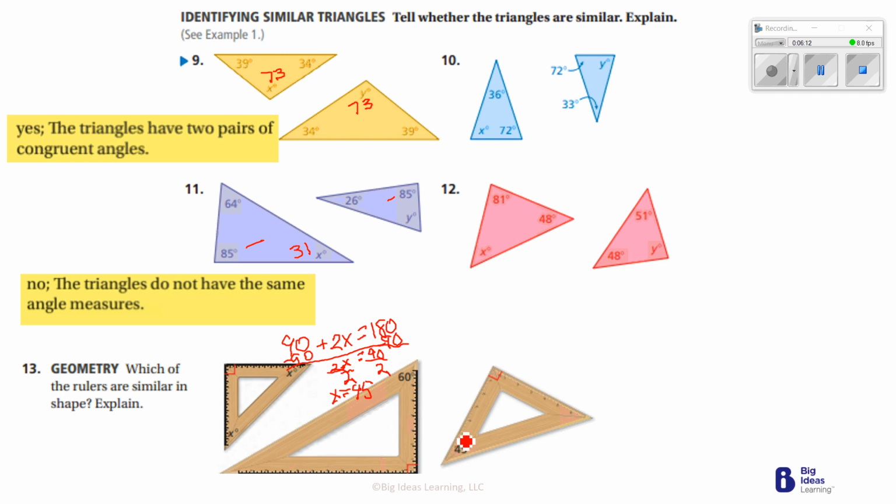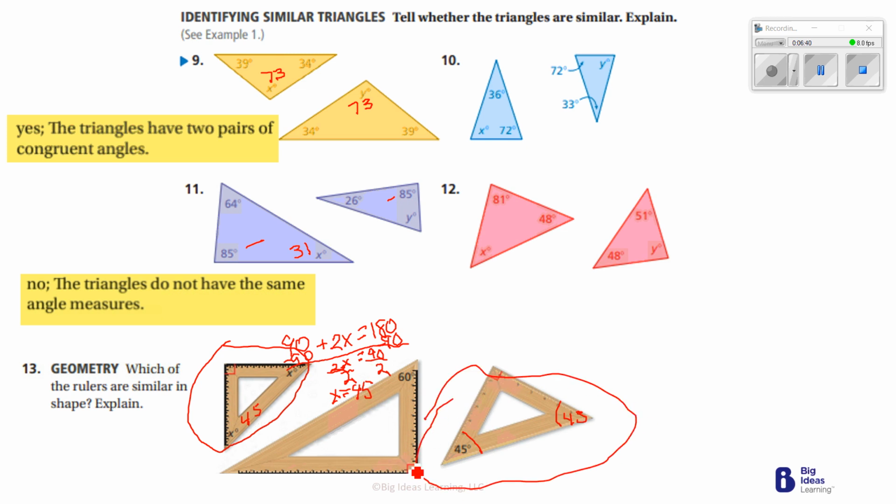Now this tells you right here that if this is 45 and this is 90, this has to be 45, which means these equal each other. And we've already discovered these x's equal 45. So the two angles that are similar are going to be this triangle and this triangle.